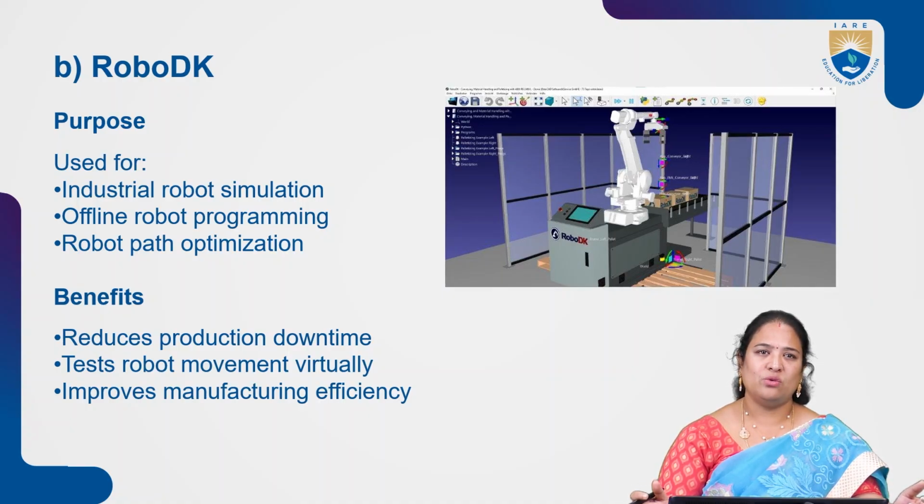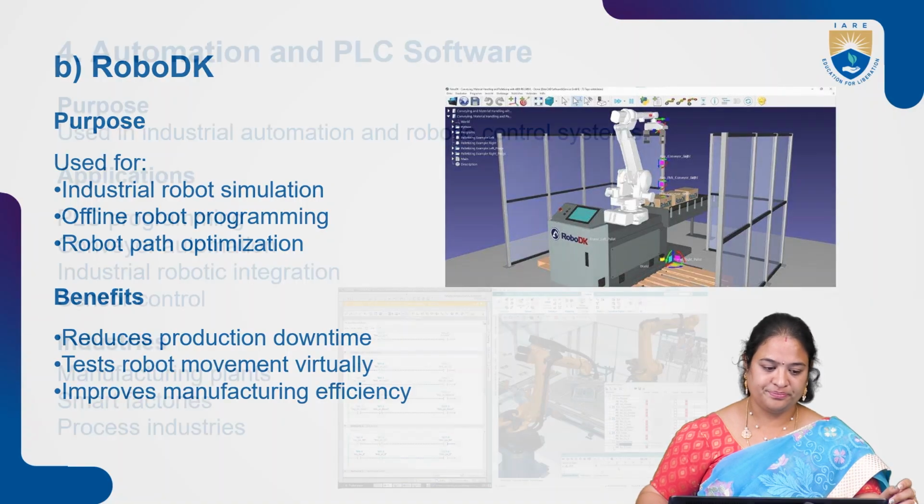The main benefits of using RoboDK are that it reduces production downtime, tests the robot movement virtually, and improves manufacturing efficiency. These are the three major benefits of RoboDK.